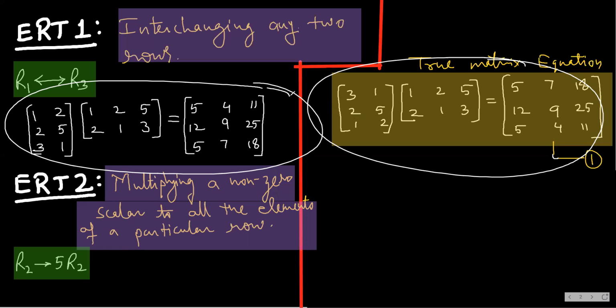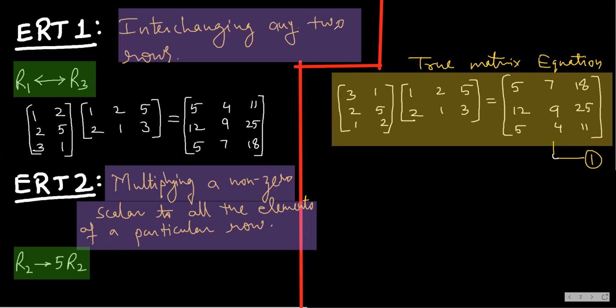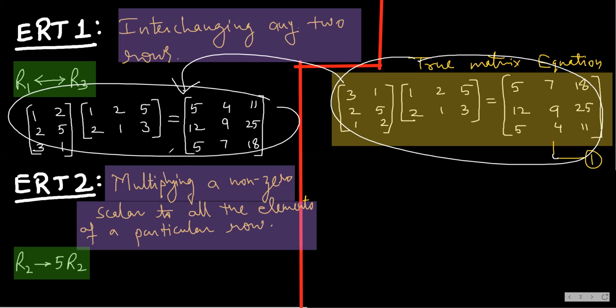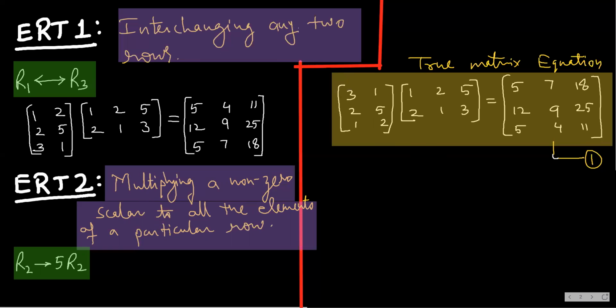You can apply on this or you can apply on this, whichever you want. Since we are going in a sequence, here this was the first one. I applied one ERT, I got this equation. Now, when the second ERT is to be applied, I'm applying on this only. So see the next, what I will get.